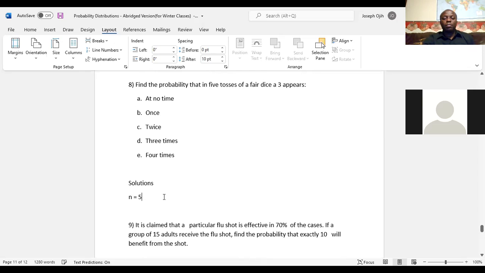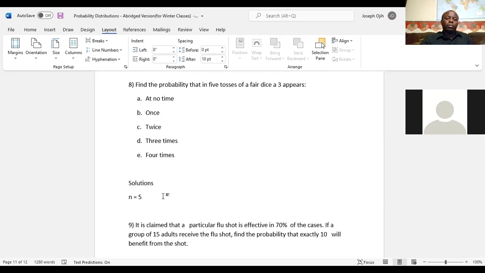And for a dice, if you remember, it has 6 sides. I normally have one to use when I'm teaching the class. You can see the dice right here. It has 6 sides.